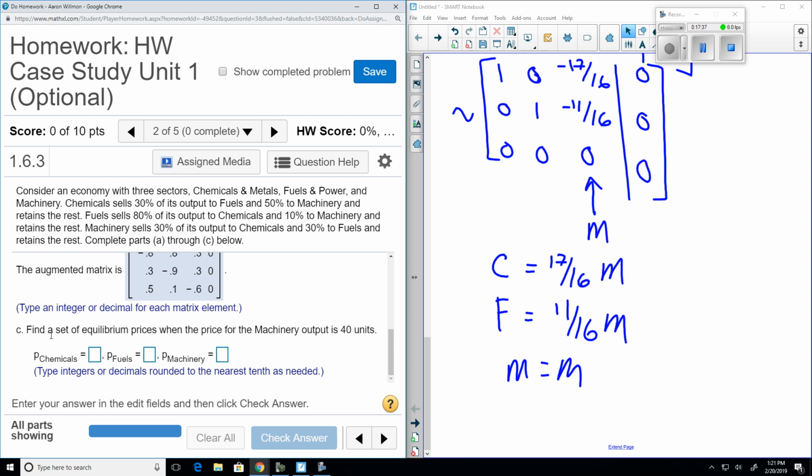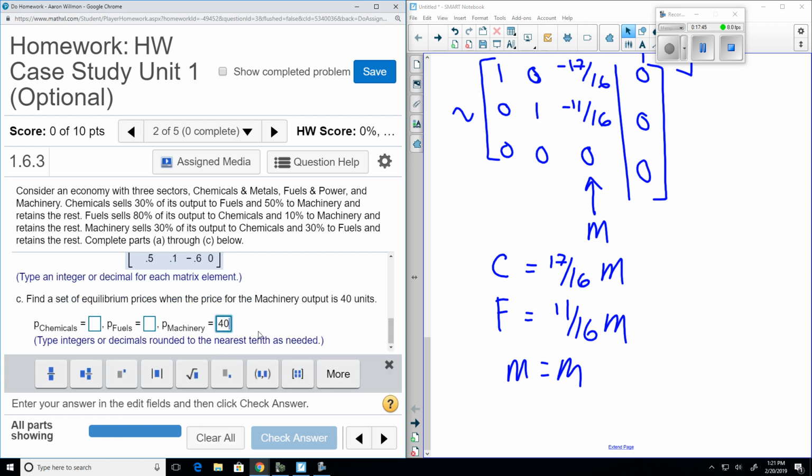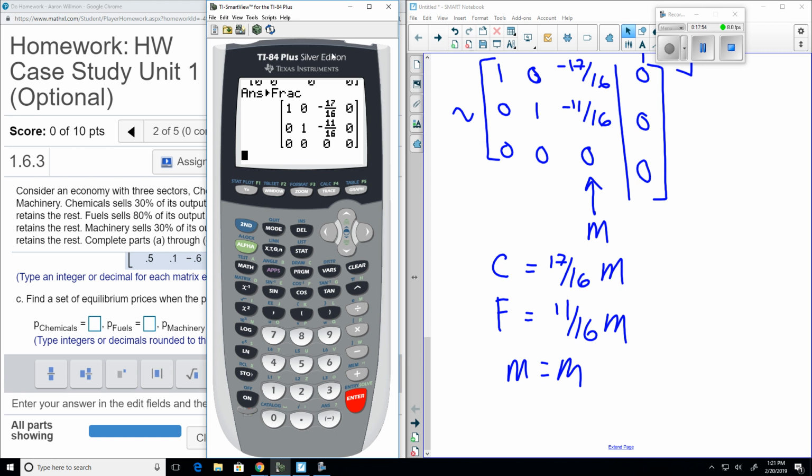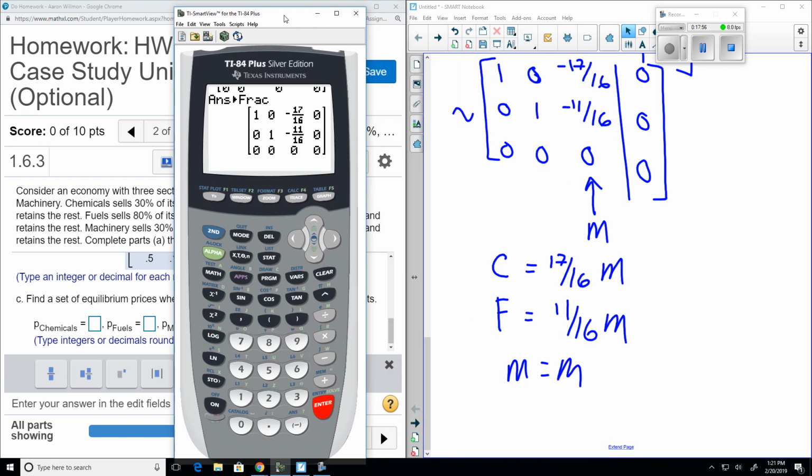Not just how many things are made. So 40, if we plug in 40 for machinery, then we just calculate the other two based on this solution here that we have. And it says to round to 1 decimal place, the nearest tenth.